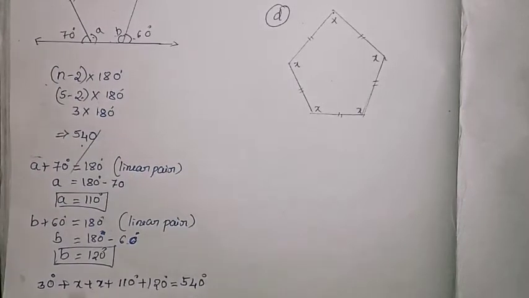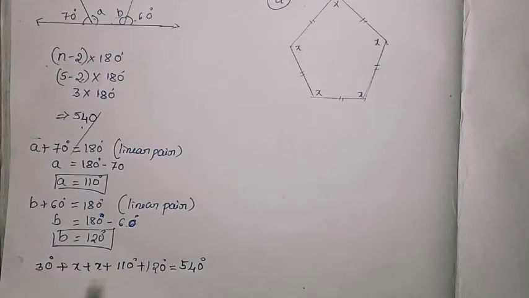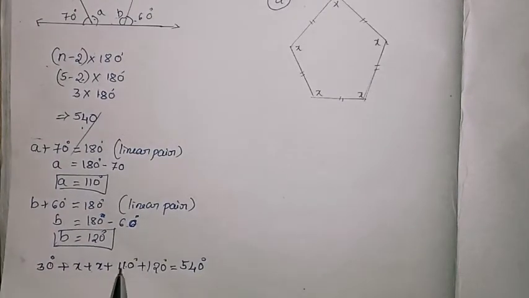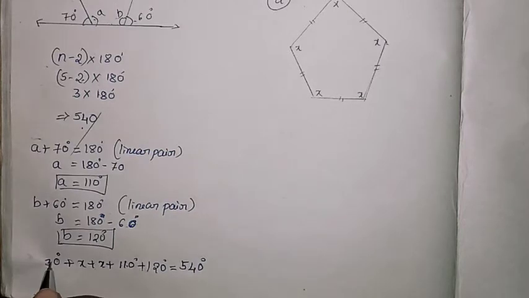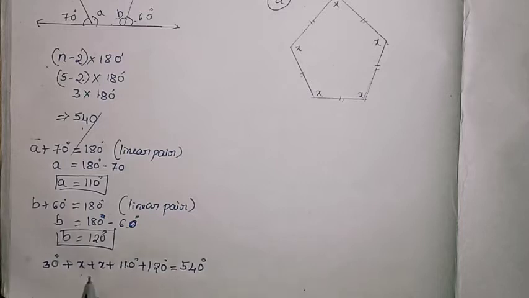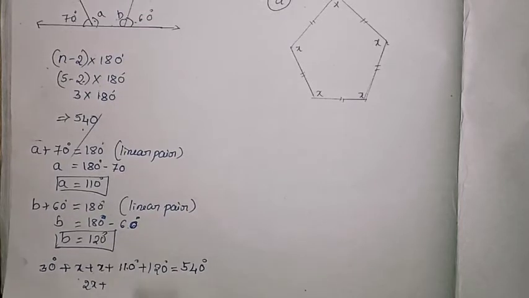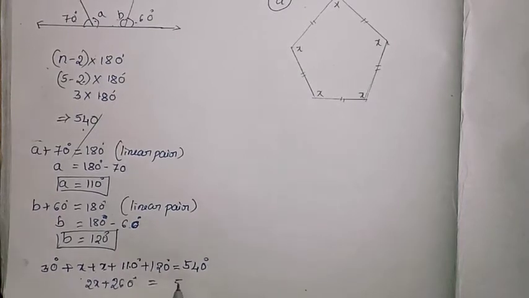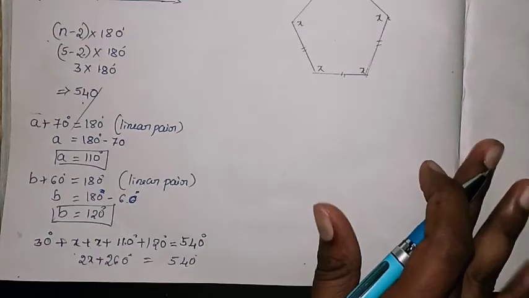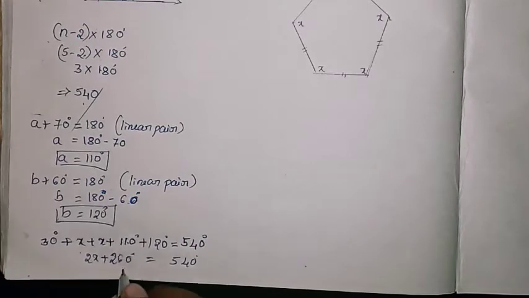So solving it, 110 and 120 make 230, and with 30 and 30, 290... so x plus x, 2x, plus 260 is equal to 540 degrees. So we want the 2x, then x value.